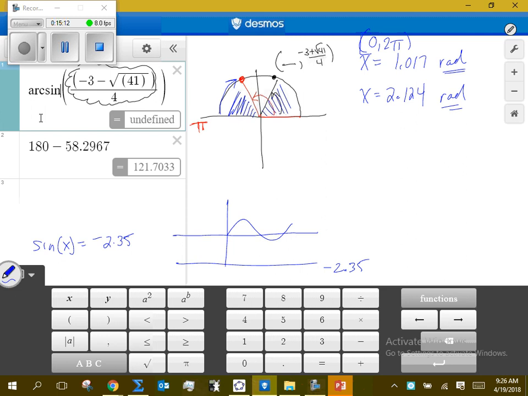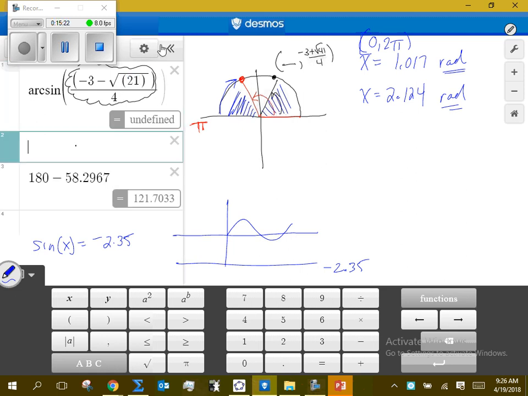If it did, because sometimes you will get a solution that is defined. You know, if this number here was like 21, let's see what that would give me. Undefined still. Let's go 1.